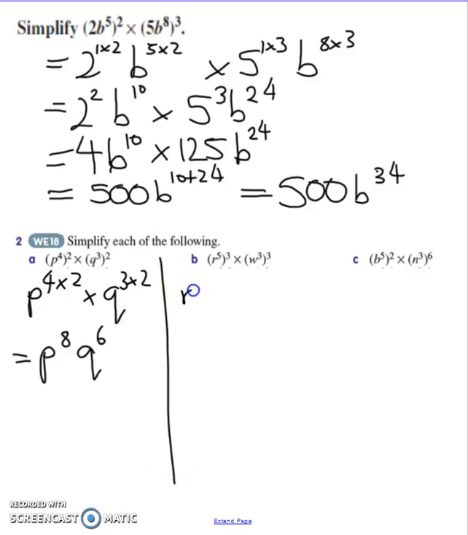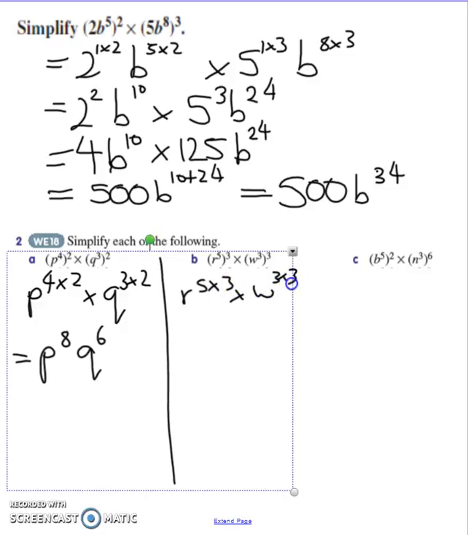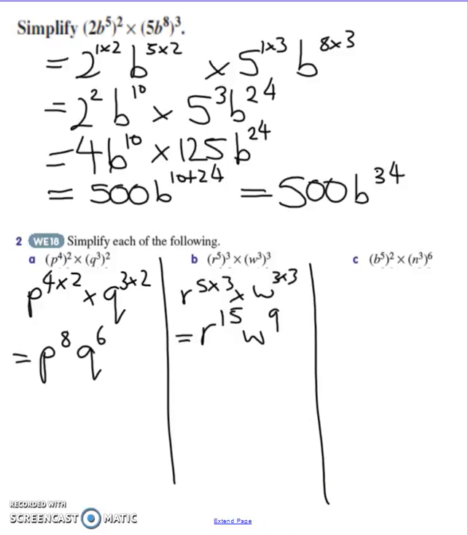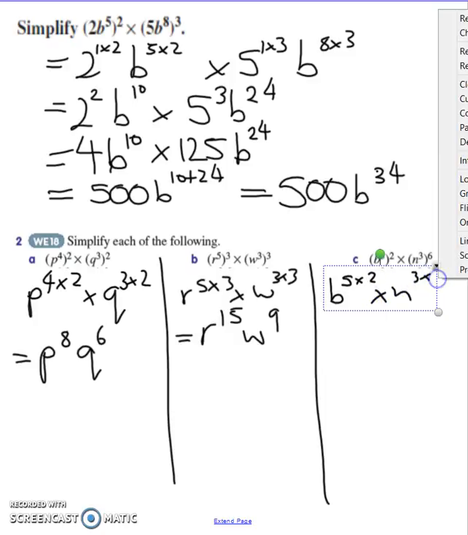The next one, r to the power of 5 times 3, w to the power of 3 times 3. Now you've got here r to the power of 15, w to the power of 9, and that's that one there for you. The last one, b to the power of 5 times 2, n to the power of 3 times 6.